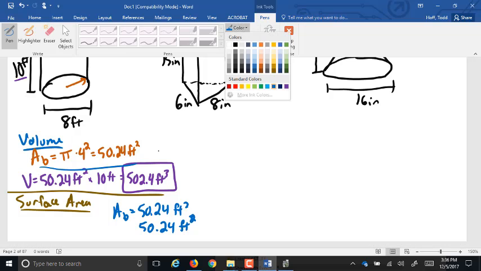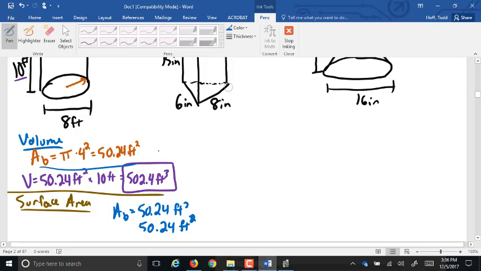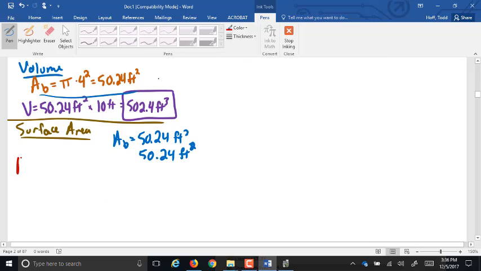Next, we have lateral area. The lateral area requires us to know the perimeter of the base. The perimeter base is just the circumference of a circle, so that'll be pi times that diameter of 8 feet, which is 25.12 feet.